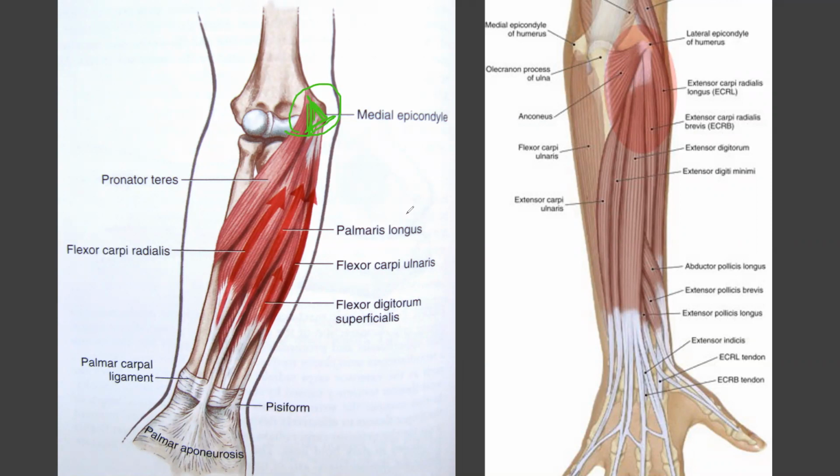The only real big exceptions are your hamstrings relative to your knee and your triceps relative to the elbow. Yeah, so that's really about it.